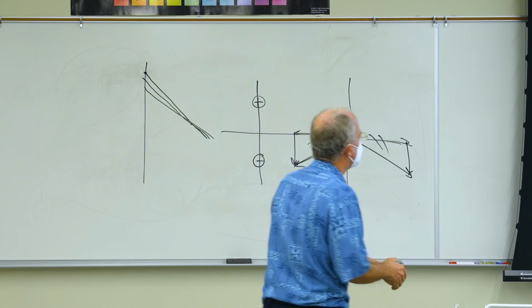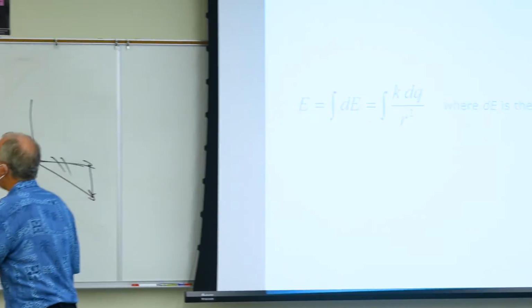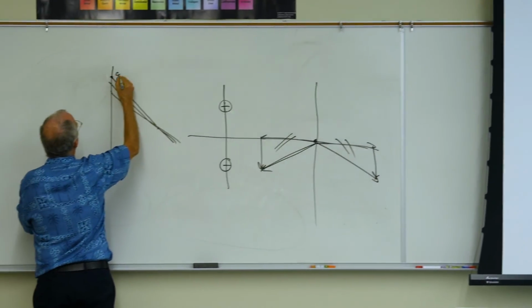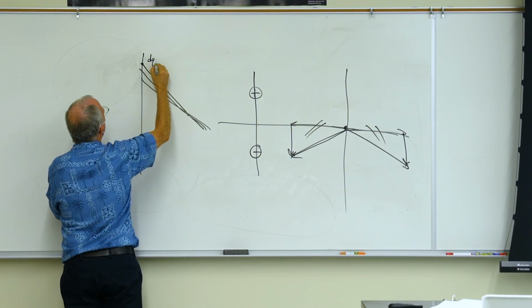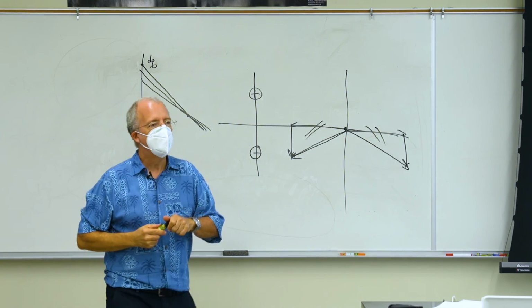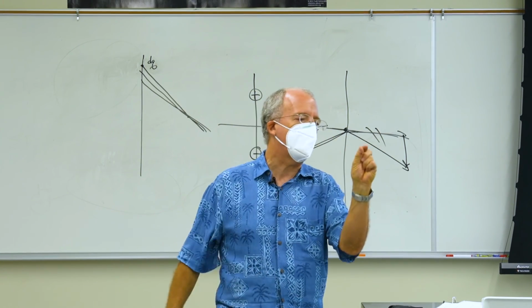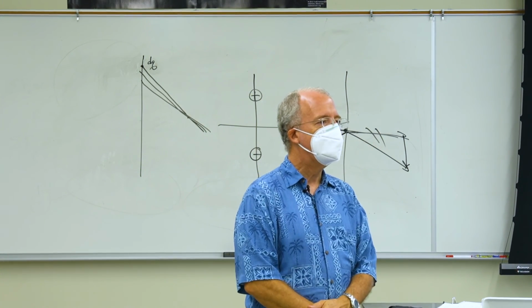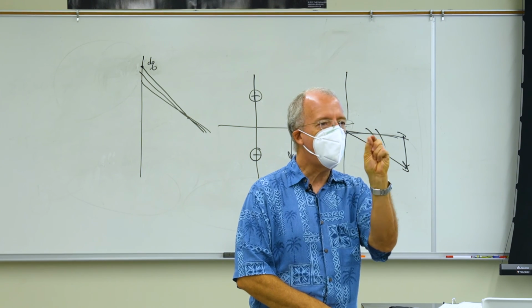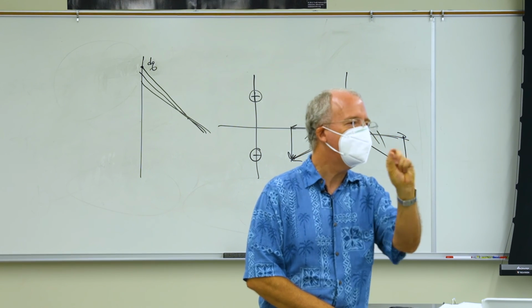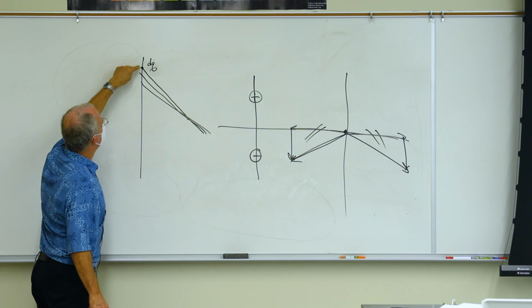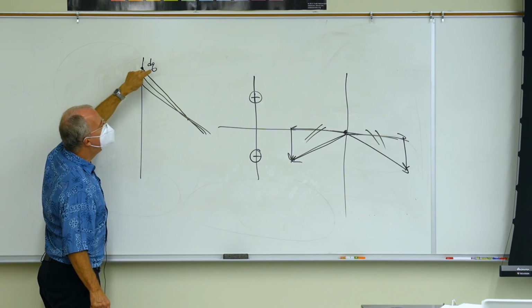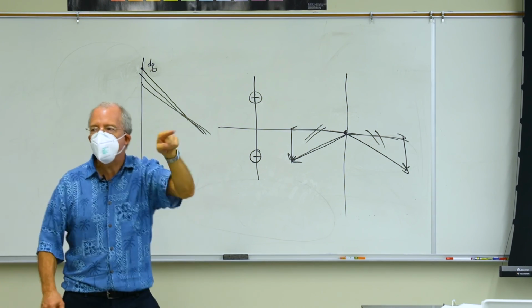So here it is. Instead of calling this a point Q, we're going to call it dq. What's that mean? Like in calculus, what was a dx? Just a small measurement, like a small x. So we're saying this is a point charge, and it has charge dq, a little tiny charge.